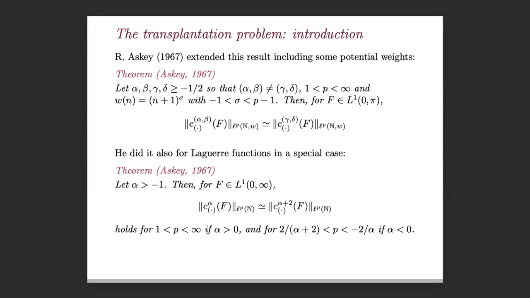The weighted L^p norm of the Jacobi Fourier coefficients of order alpha beta is equivalent to the respective one of order gamma delta. On his behalf, he also did it for Laguerre functions when the order differs by 2 units, with some additional restriction in p when alpha is negative.